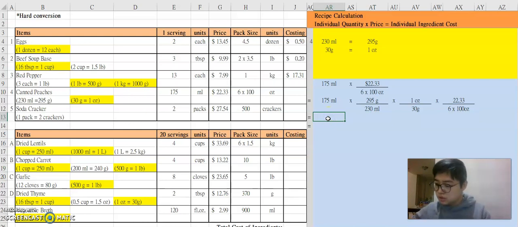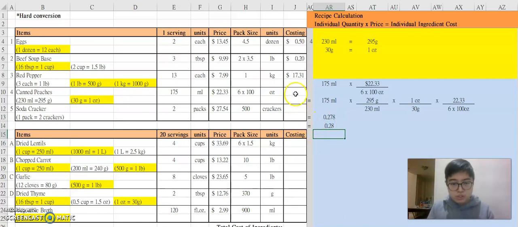For this one, the answer is 0.278, and to 2 decimal places it is 0.28. The equation is 175 times 295 divided by 230 times 1 divided by 30 times 126 divided by 100. This is the equation, and the answer is 0.28.